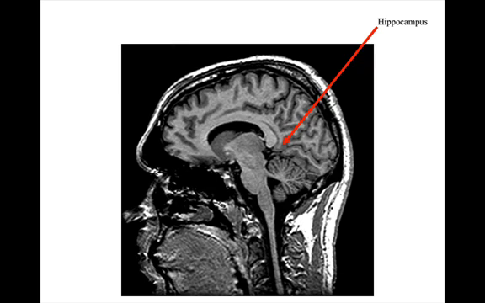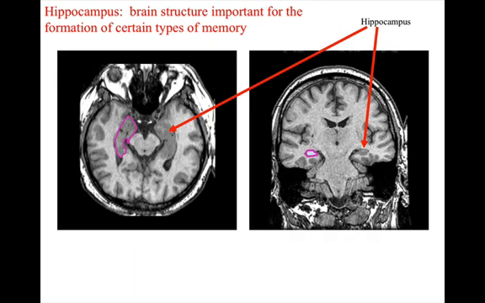The hippocampus isn't really visible in this section, but I've indicated its rough location, and you can see it more clearly in this horizontal section on the left and the coronal section on the right. And of course, there's a left and a right hippocampus, so I've circled one of them in each of these 2 sections.